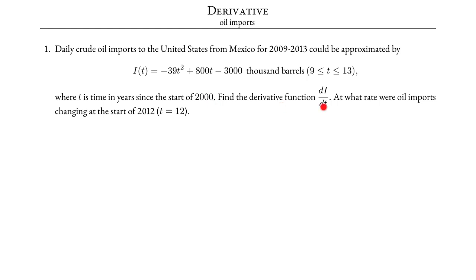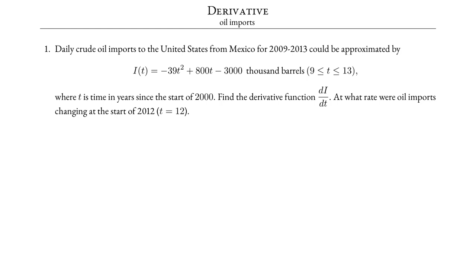Find the derivative function dI over dt. This is the Leibniz notation. At what rate were oil imports changing at the start of 2012? Corresponding to t equals 12, because t is the number of years since 2000.